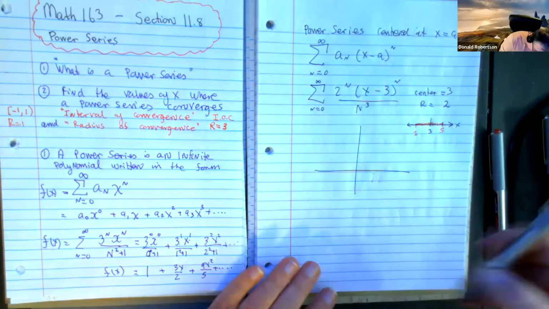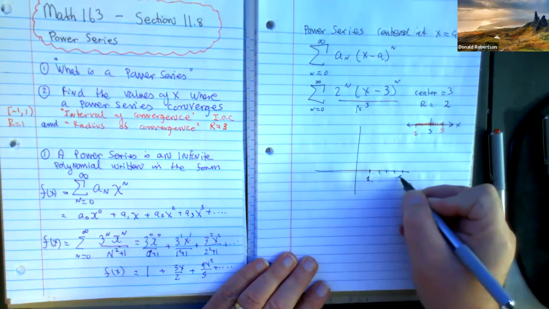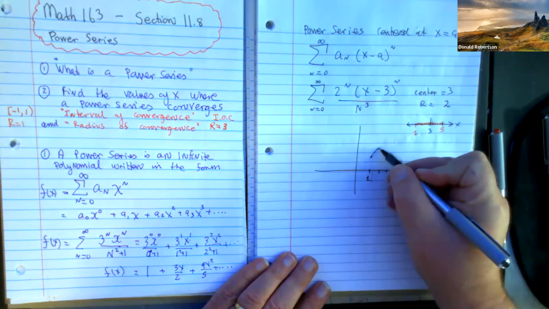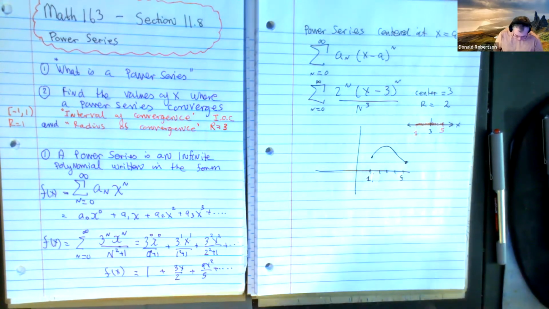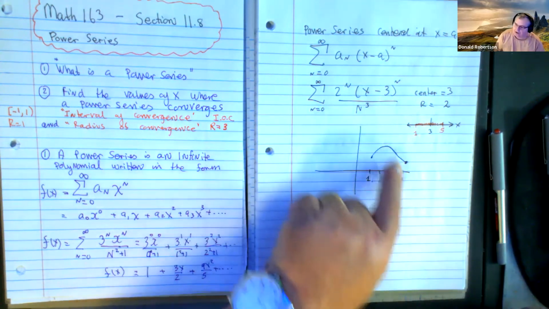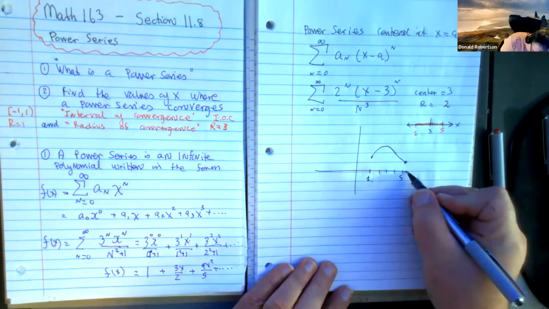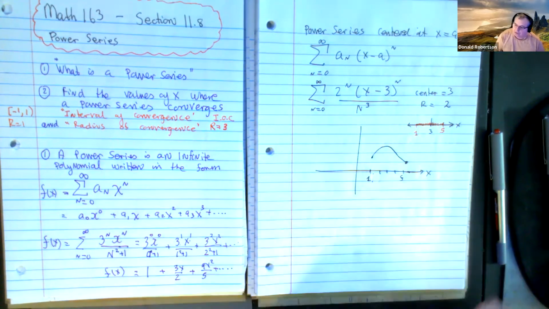Now, if you graphed it from x equals 1, 2, 3, 4, 5, the function would have a continuous set of values. So if I plugged in 1.1, it converges to this number. If I plugged in 3, it would converge to that number. So along here is the value of x that you would plug in, and it would converge to a normal number.